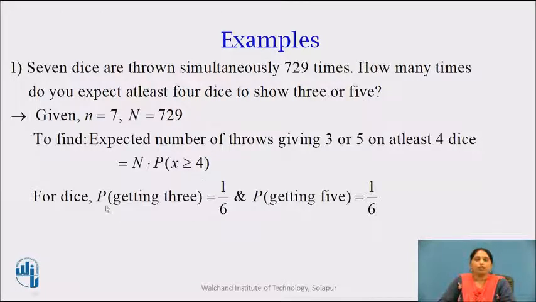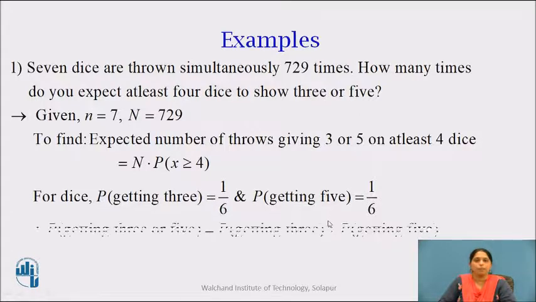Now here for a dice the probability of getting a 3 will be 1 by 6 and the probability of getting 5 will be 1 by 6. As we know that dice has 6 faces, the probability for getting any number is 1 by 6 and here we want 3 or 5. So for 3 the probability will be 1 by 6 and for 5 the probability is 1 by 6.